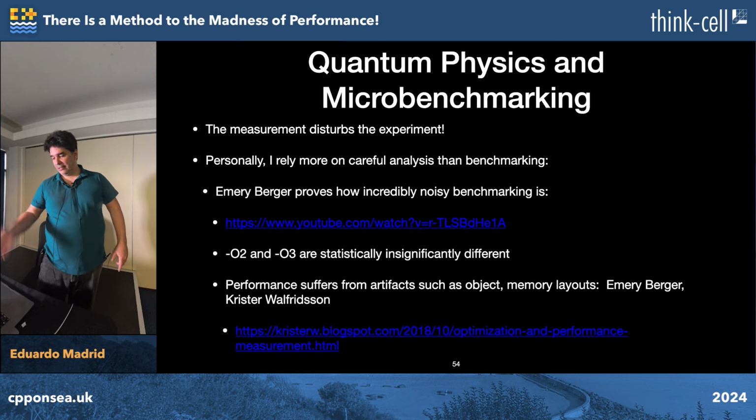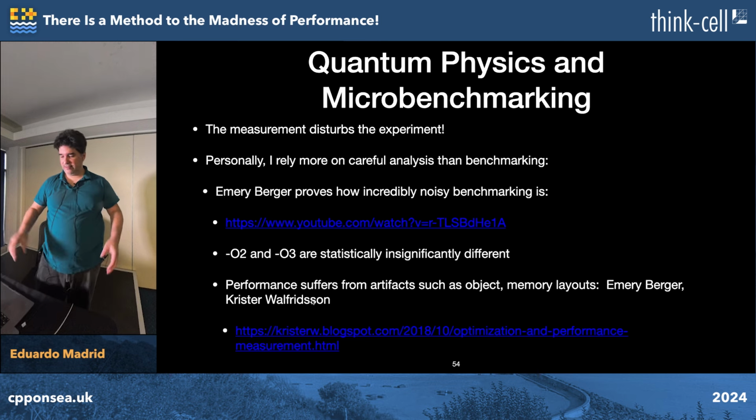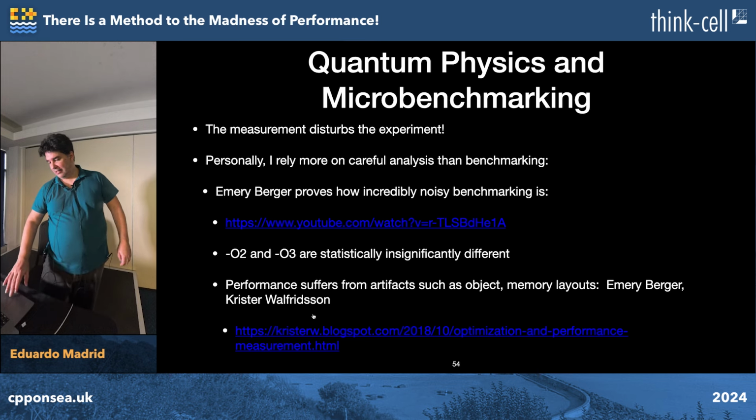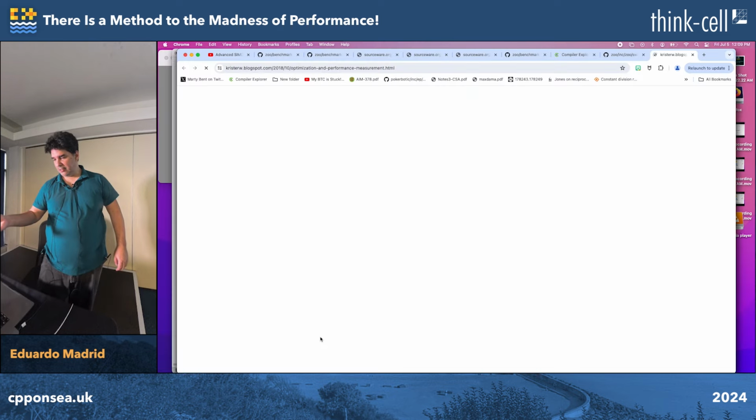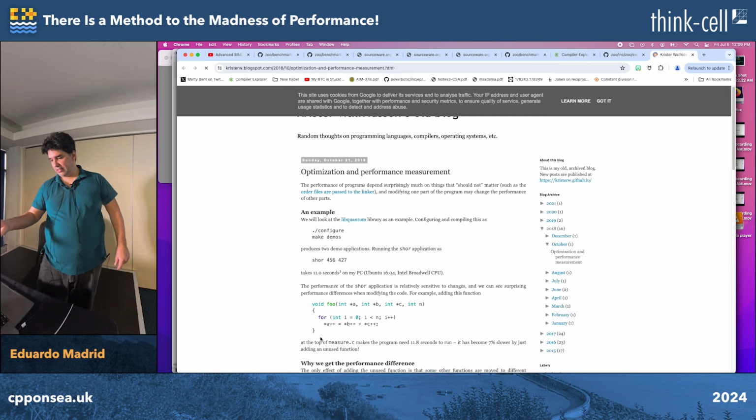You can check how noisy benchmarking is by watching the presentation by Emery Berger, Performance Matters, at Strange Loop and other places, because he explained this really well. Christer Walfridsson wrote in a blog post more about how brittle the optimizations and the performance measurement considerations are.